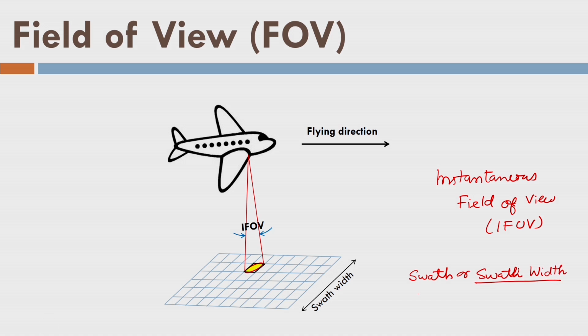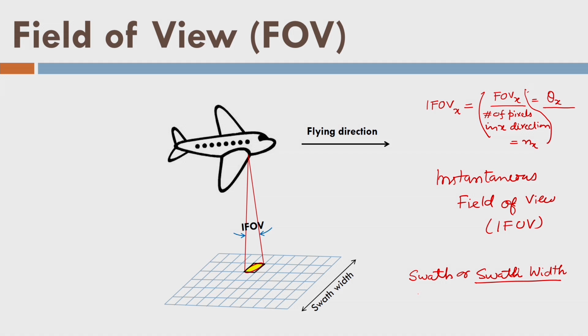You can see that the instantaneous field of view in the x direction can be calculated as the FOV in the x direction, or theta x, divided by the number of pixels in the x direction. Let us say the number of pixels is nx.